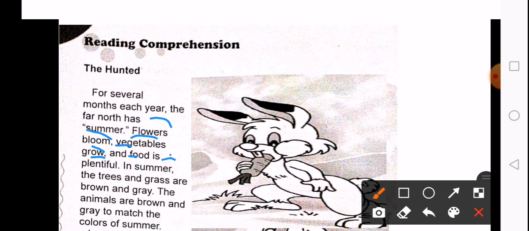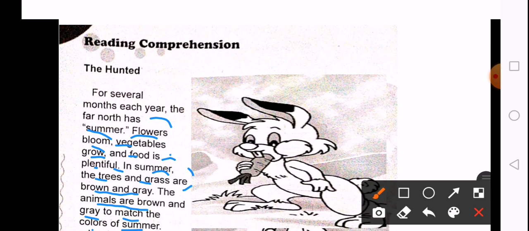In summer, the trees and the grass are brown and gray. What is the color of the trees and the grass in the summer? They are what? Brown and gray. The animals are brown and gray. So the animals are the same color as the surrounding of the tree and the grass to match the colors of summer.